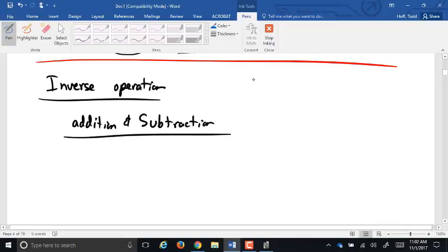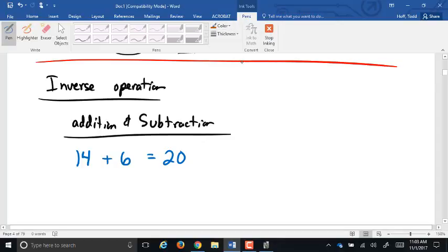For example, somebody give me a random number between 10 and 20. Just throw one out. 14, good. Somebody give me another number between 5 and 10. 6. So if I take 14 and I add 6 to it, what do I get? 20.